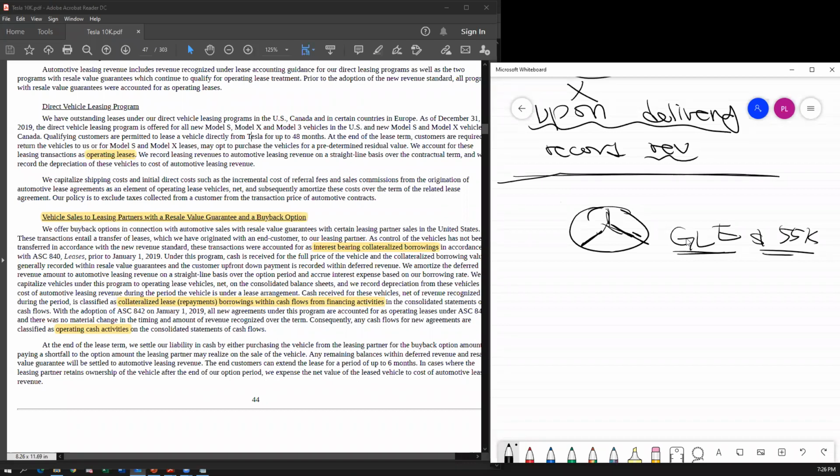Okay, so when you are leasing a car, you are not leasing from Mercedes-Benz, okay? You're actually leasing from Mercedes-Benz Financial, okay? There is an intermediary that gets involved with the leasing of a vehicle from Mercedes-Benz.